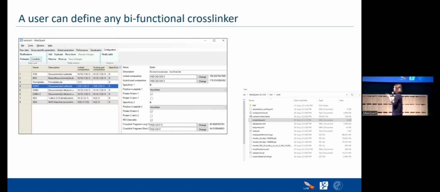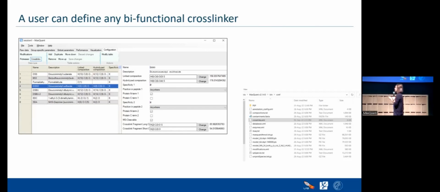And here we give only the formula. Because we have 2 arms on the crosslinker, we can have 2 different specificities, two different reactive groups. And then here we tell them which residues they are targeting. The first arm, in my case, specificity is K, the lysine.